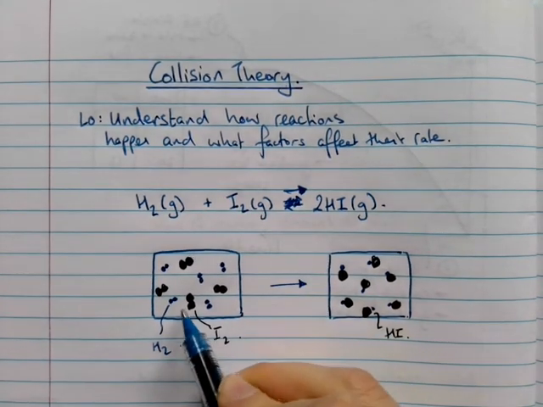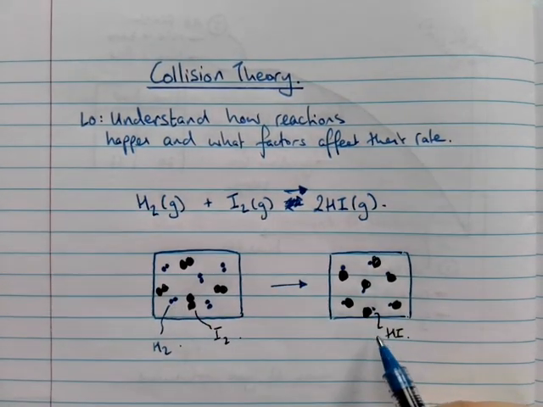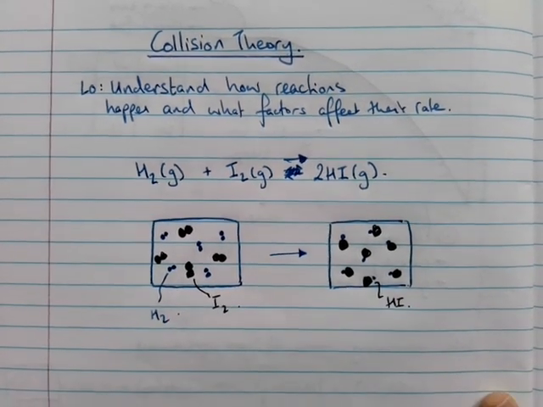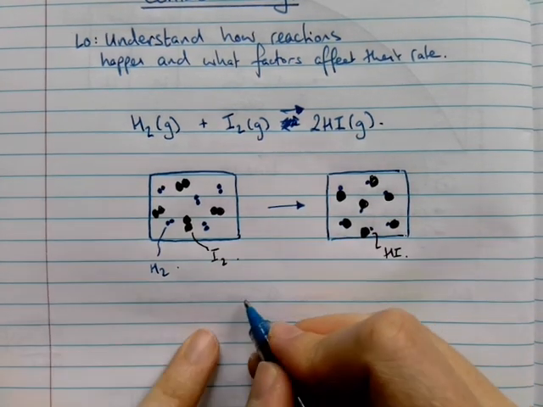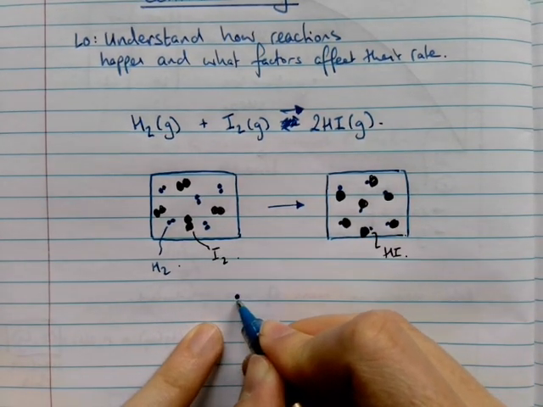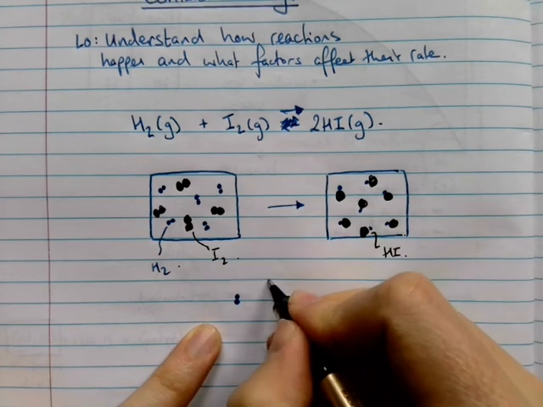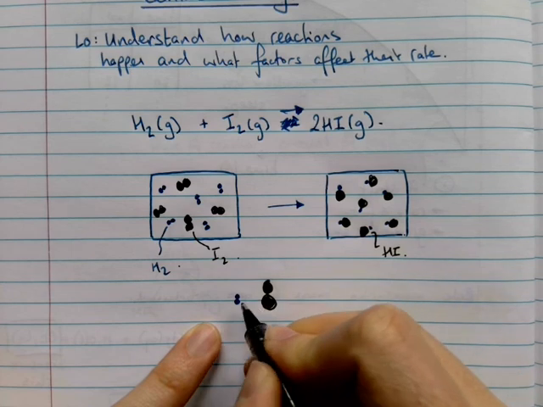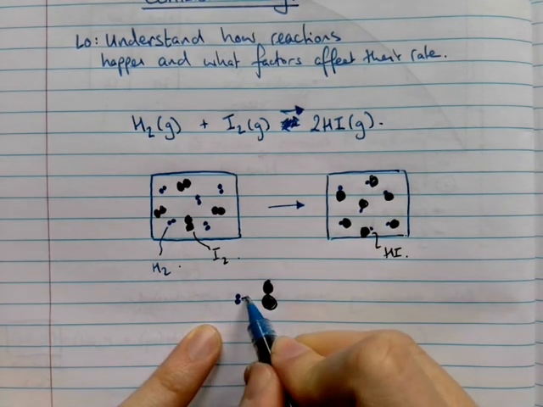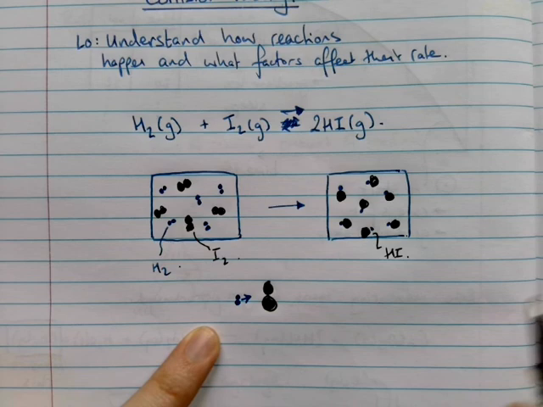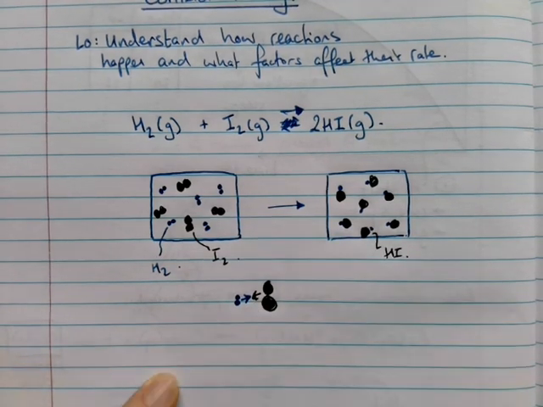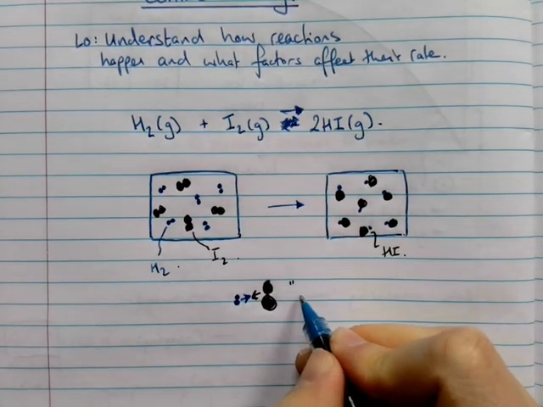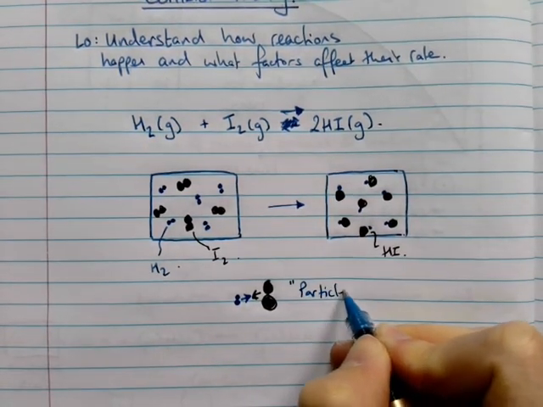But you can see I start here with hydrogen molecules and iodine molecules, and I end up with HI molecules. How does that happen? Well, unsurprisingly, because they're flying around, a hydrogen molecule and an iodine molecule will eventually fly into each other. That one's moving in that direction, this one's moving in this direction, and eventually they're going to fly into each other. And what we say is that we have a particle collision.